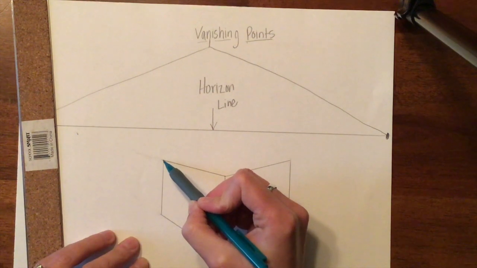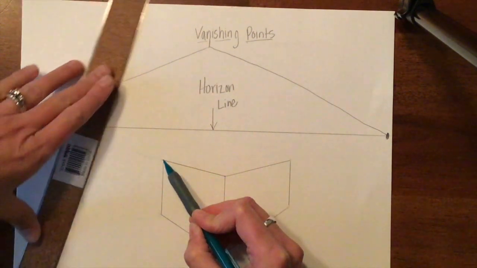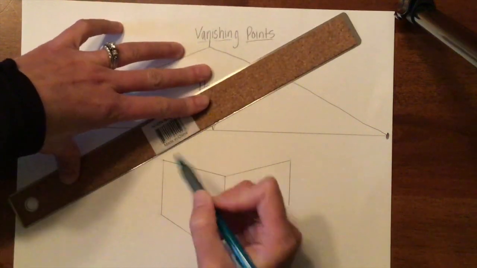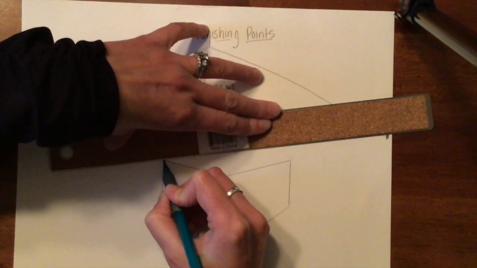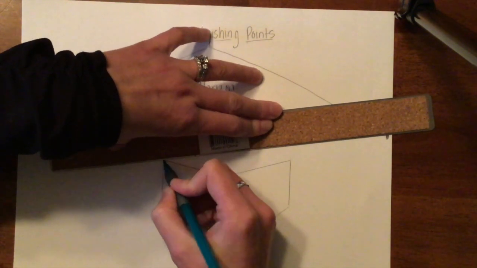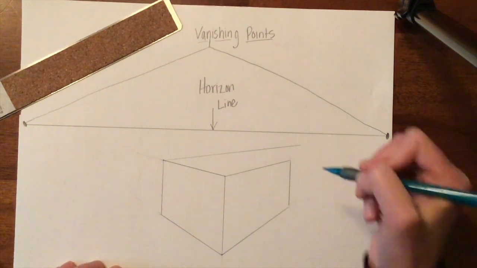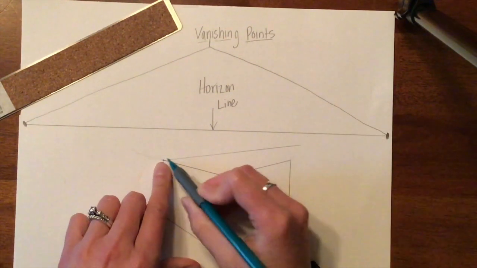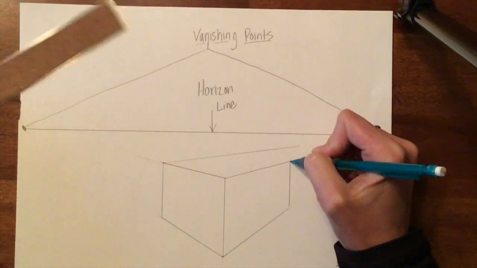I need to take the top of this and go touch my ruler to it, and then touch my ruler over to this vanishing point and draw over that way, okay? So I'm going from this to the opposite vanishing point, and I'm going to do the same thing right here.